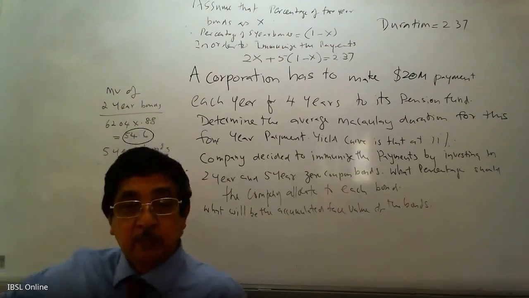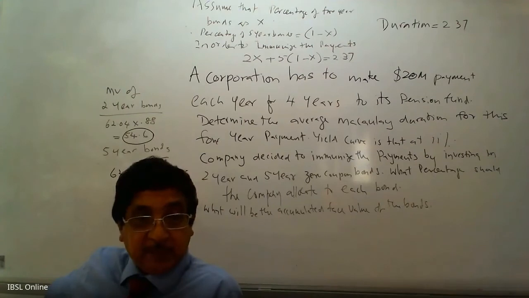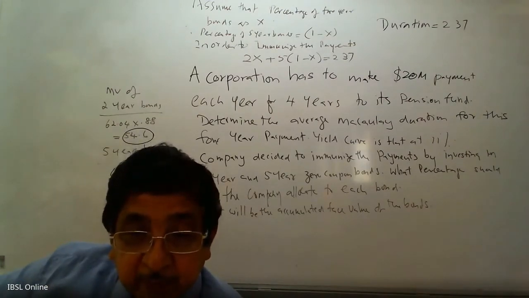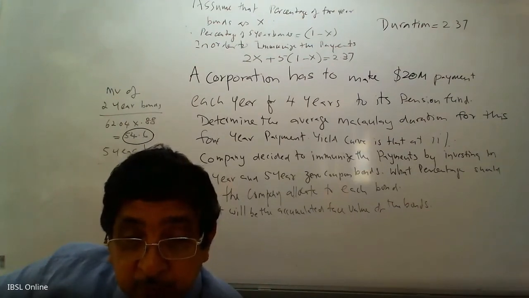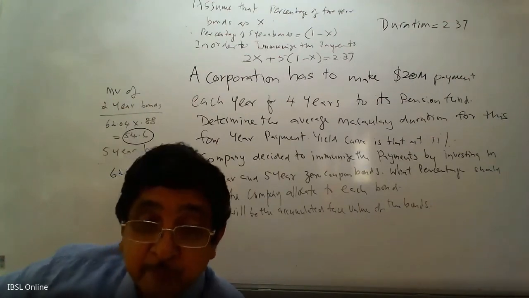Okay, now this gives you a certain practical idea about the portfolio immunization. Now Chenali's answer is correct, and it is 67.27 for the 2-year bond, the face value, and 12.54 for the 5-year bond.